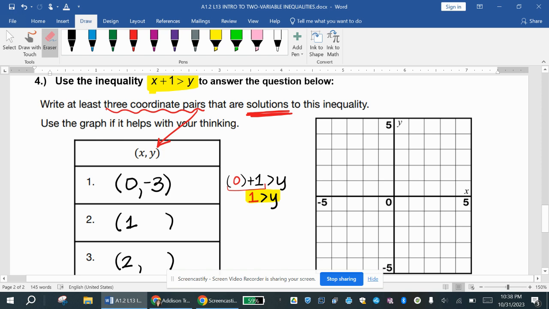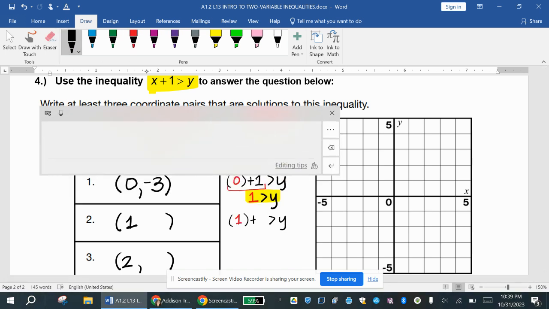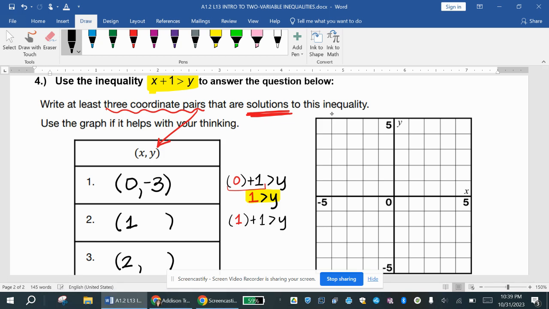Let's practice another one. So I picked an x value of 1. So if I substitute it into here, that gives me 1 plus, oopsies, I don't know why I put 2. Sorry, kids. Okay, so 1 plus 1 is 2. So now I want 2 to be bigger than my y value.